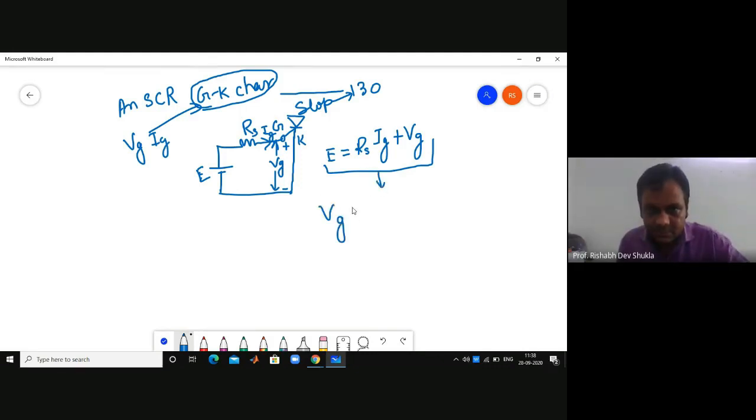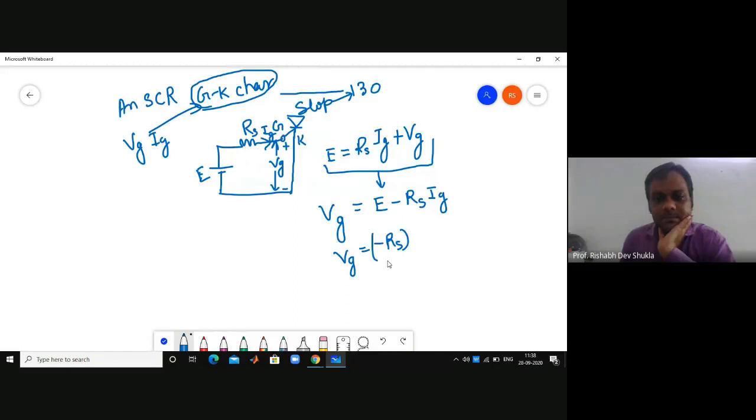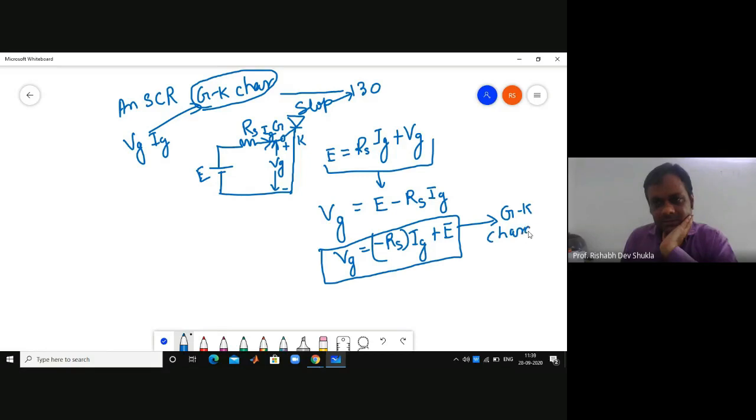Vg is equal to E minus Rs into Ig, or Vg is equal to minus Rs Ig plus E. Now this is your gate to cathode characteristics.